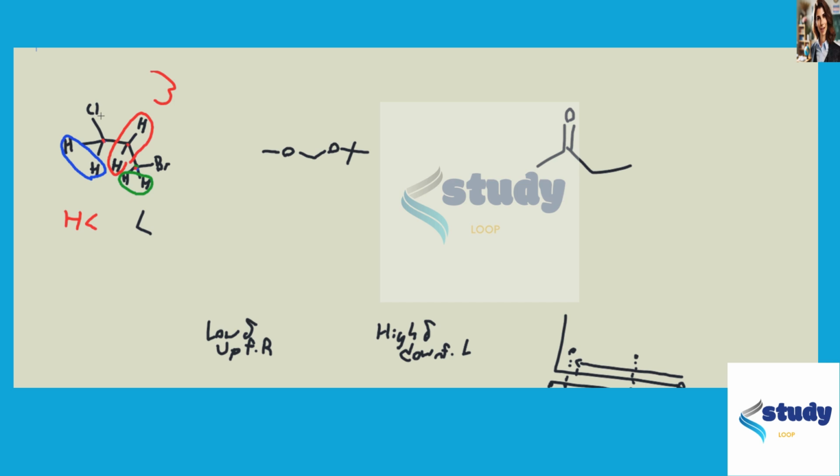So chlorine will cause greater deshielding in these two protons, giving them a greater chemical shift value because they would be on the downfield side here on this NMR spectra. So we know that the blue protons would have the largest value because they're bound to the most electronegative atom, and that leaves us with the protons bound to the carbon that's bound to the next best electronegative atom, which is the bromine here.